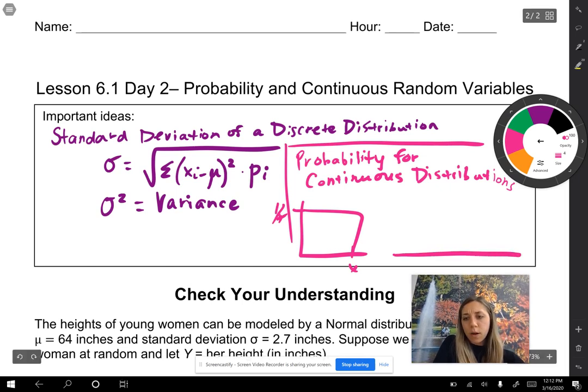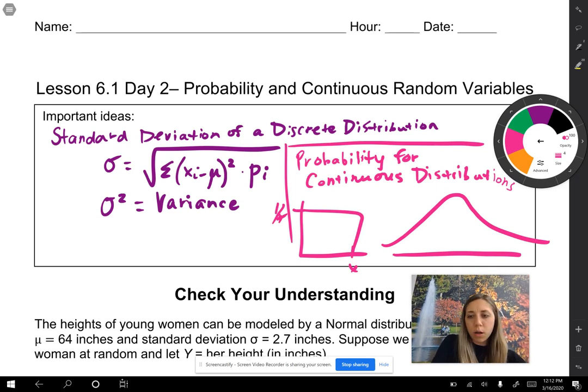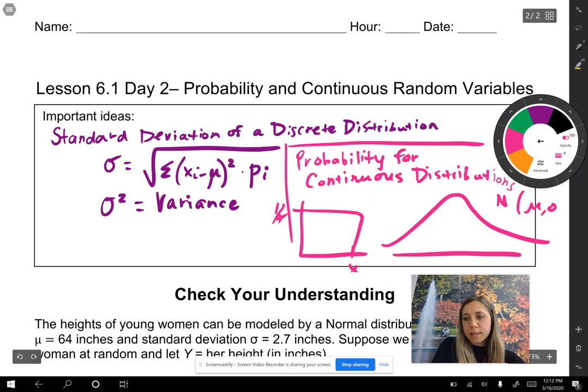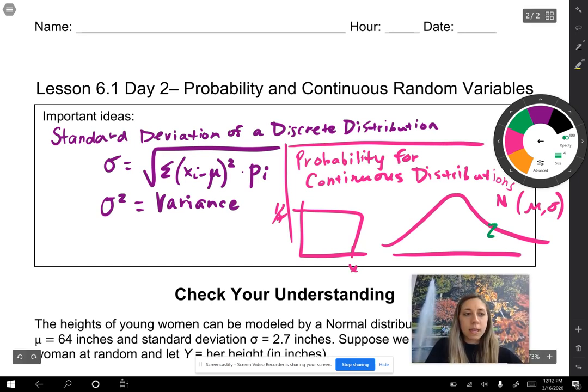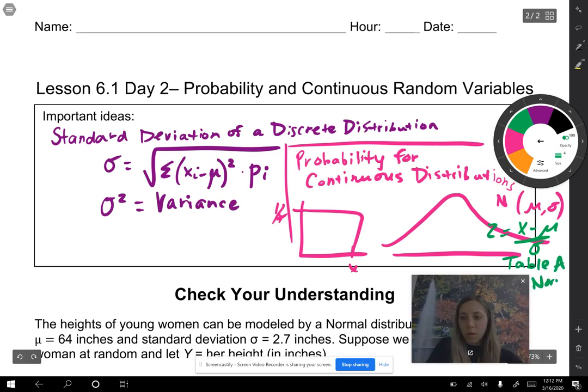Next, if you recall us dealing with a standard normal curve where you have the mean and standard deviation, remember your z-score formula. Z equals x minus mean over standard deviation, and use your table A or normal CDF.